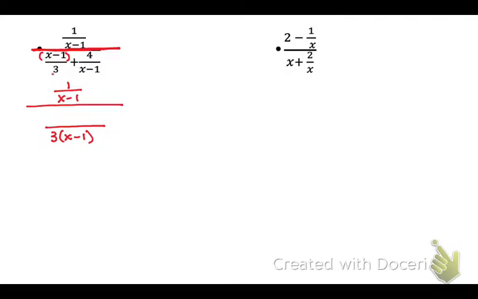I have a 3. I need a what? So I need to multiply by x minus 1. What do I need to multiply 4 by? 3. Can I just put the 12 first because it's easy? Okay. And it's plus, correct? If it was minus, it'd be negative 12, wouldn't it? Okay, so now I need to FOIL these two things.